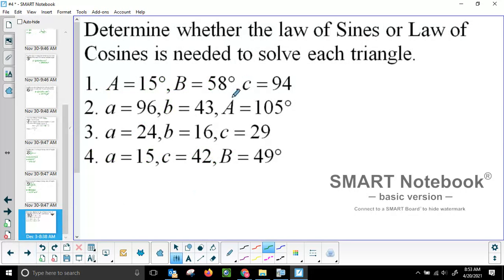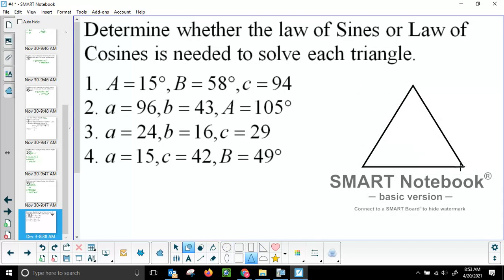Okay, so here we're just going to determine whether the law of sines or law of cosines is needed to solve each triangle. First, I think the easiest way to do it is to just draw a little triangle over here. I do this again, somewhere over here.